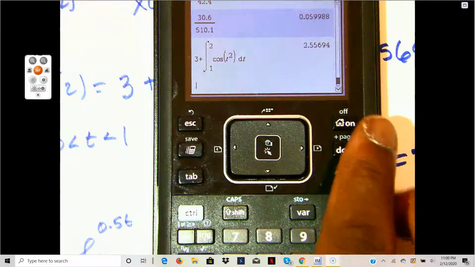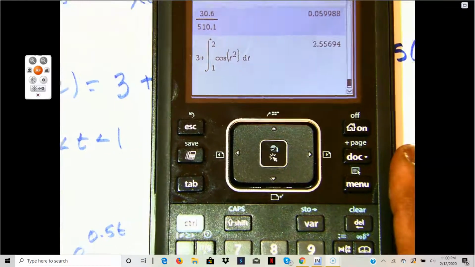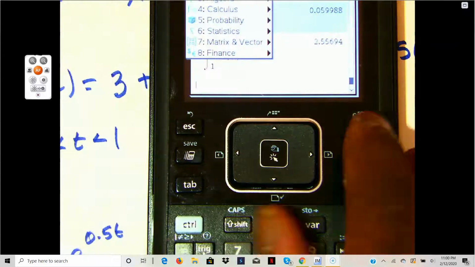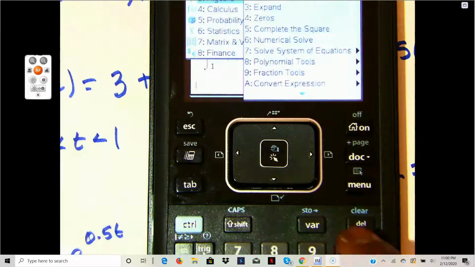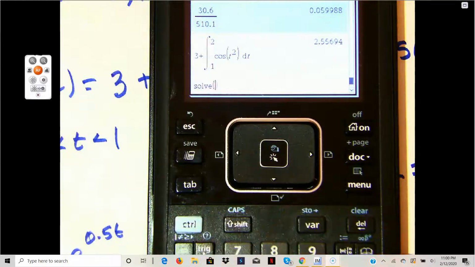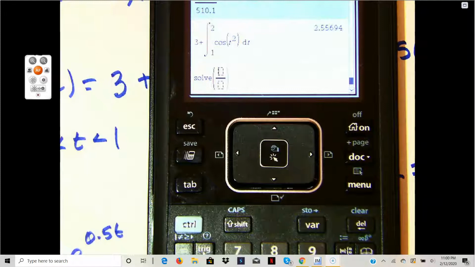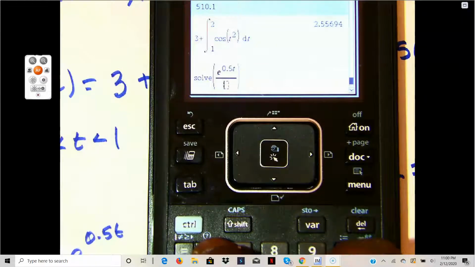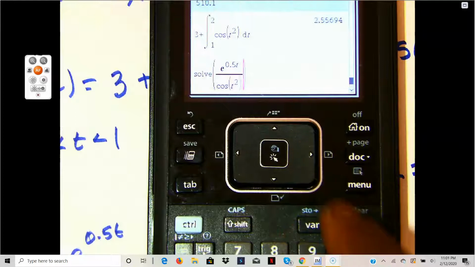All right, so let's go. We're going to go menu, algebra, solve, okay, and fraction bar. So e to the 0.5t over cosine of t squared. We're going to set that equal to 2.